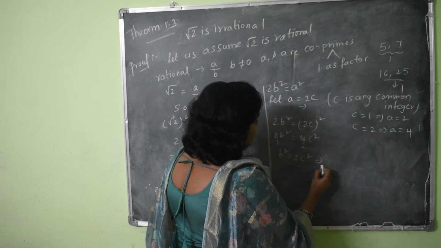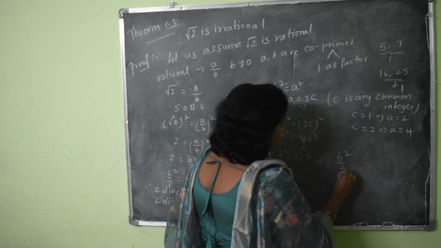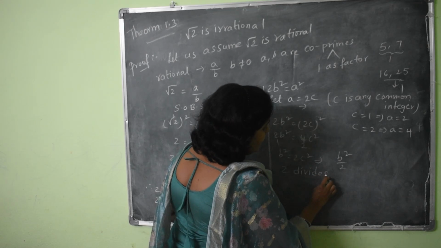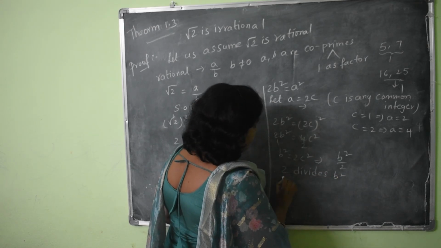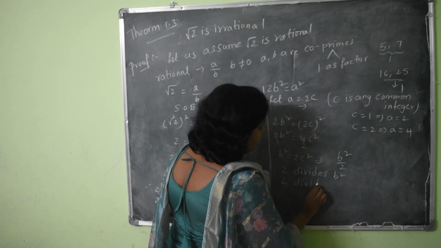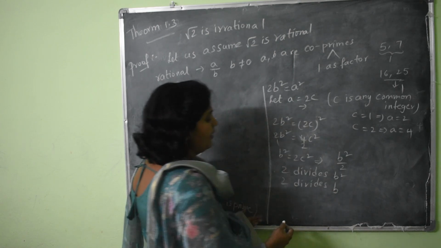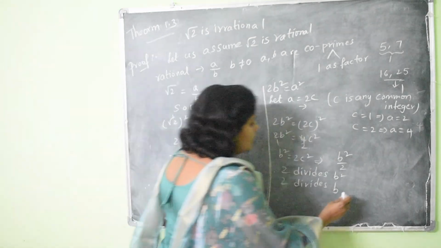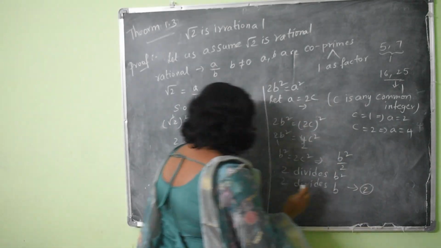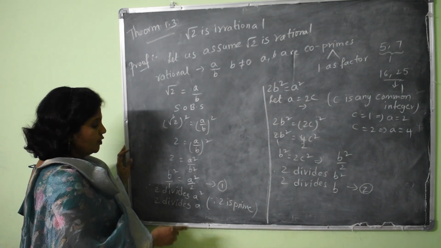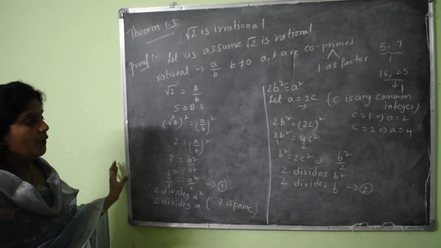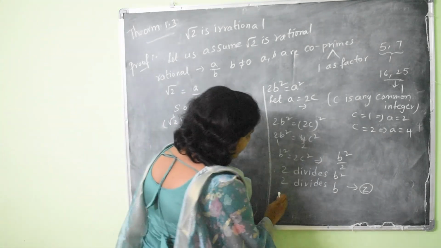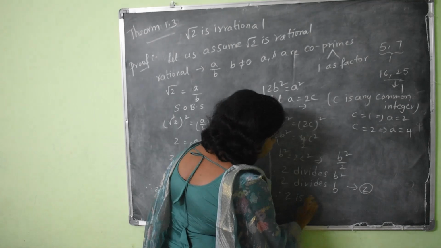That implies 2 divides B square, and according to the fundamental theorem, 2 divides B. So let us take this equation as 2 and the A equation as 1. From these two, what did we understand? 2 is a common factor for both A and B.